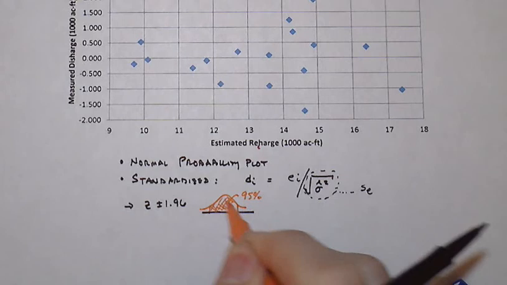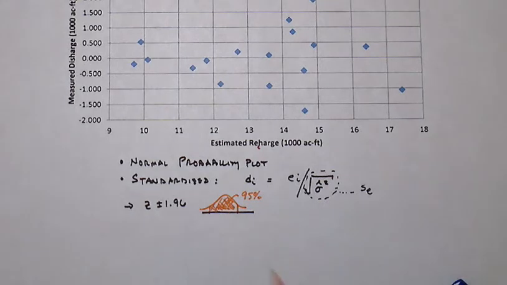So if we look at any errors that are outside of plus or minus 2 sigma, that suggests to us that either we have an anomalous error value, or if we have a lot more than 5% outside of that, something else is at work.